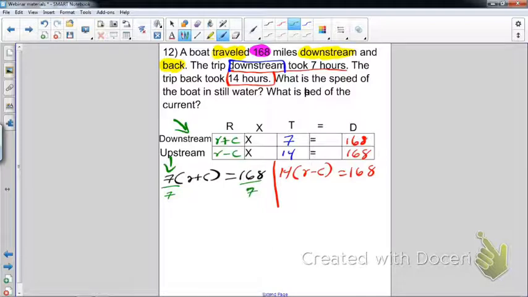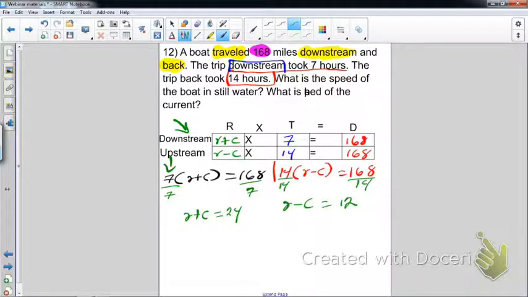And in doing so, you end up with r plus c equal to, let's see, 168, that'll be 24, and then we have r minus c, that is equal to 12 when you divide both sides by 14. Okay, hopefully somebody has a calculator handy that they can verify that.